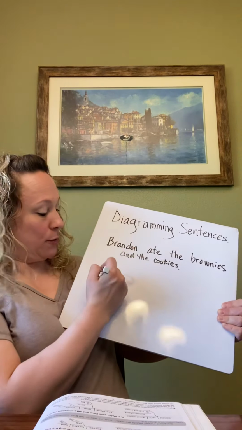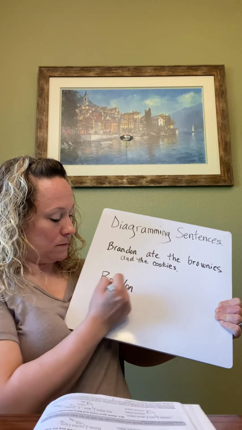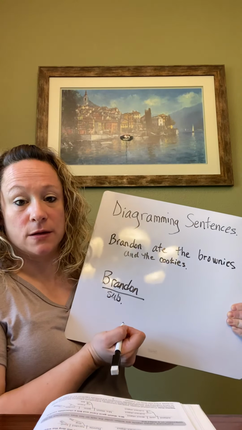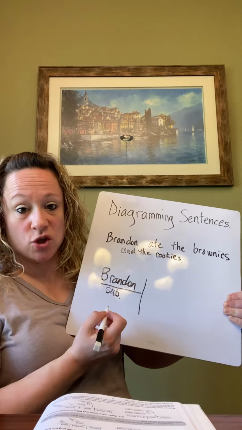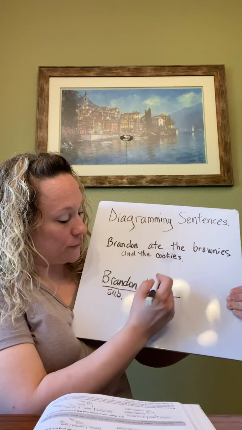Okay, so we're going to start with Brandon again. Remember, he's our subject. SUB is okay to abbreviate. Now we're going to draw a line showing that this is the subject separate from the predicate, or our verb.